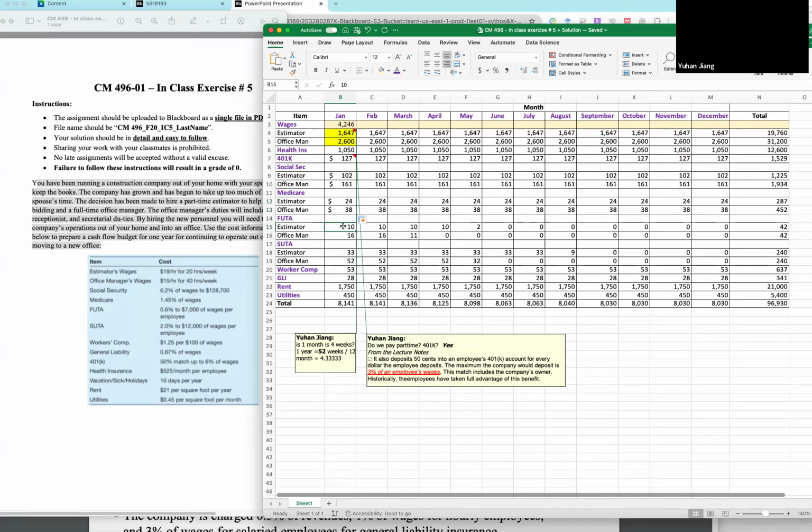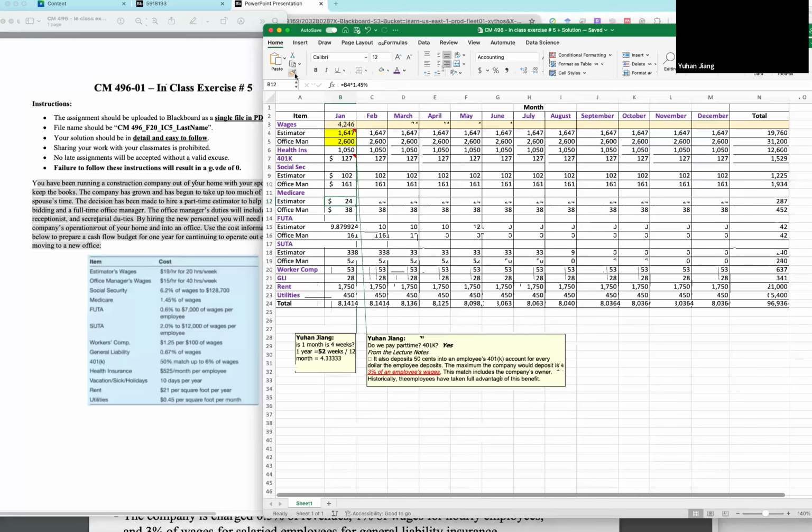And FUTA is 0.6 percent up to 6,000 per employee, so it's up to 7,000. But what you have over here is only less than 7,000, right? Then we can quickly do this one. This is equal to the wage times 0.6 percent. You get these dollars, right?